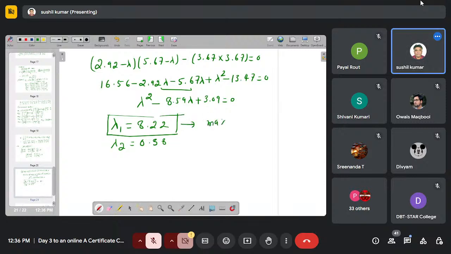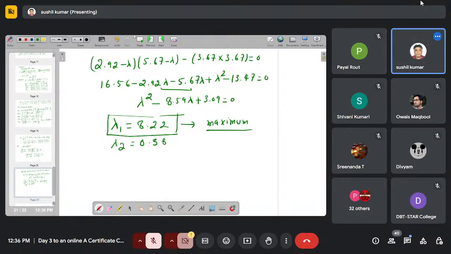That is the fundamental concept of PCA. Why we choose the maximum, I have already given you the proof. Clearly the second value is very small and we are not going to consider it.